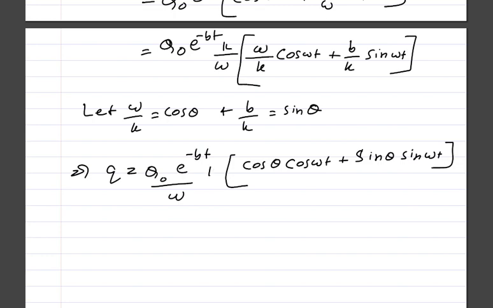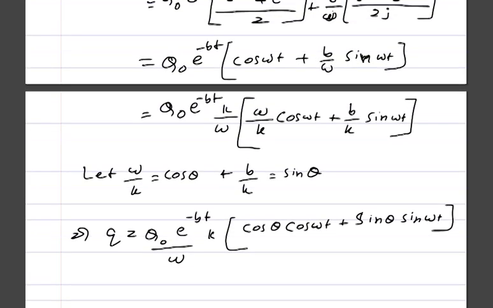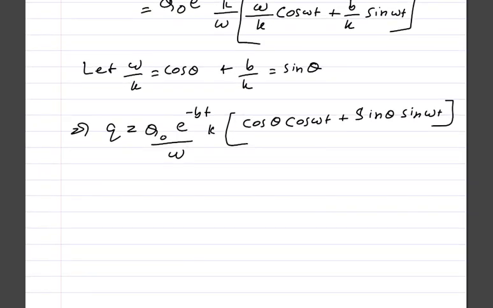Of course there was k in the numerator outside. Okay, k was there, yes, it's missing in the book, so just be careful.